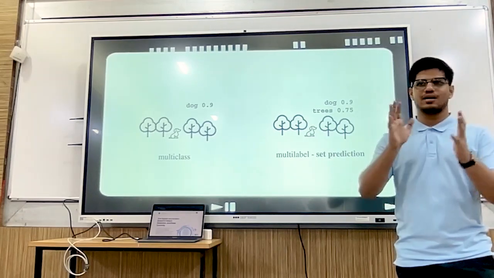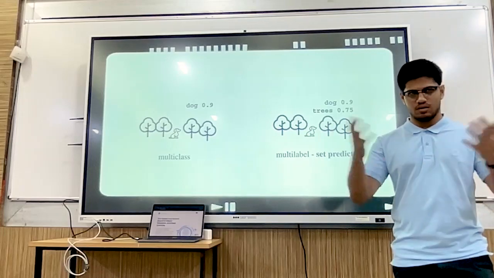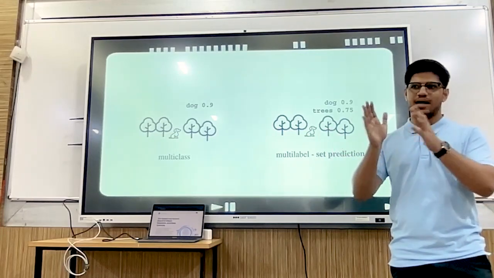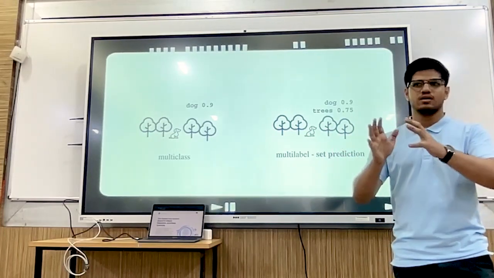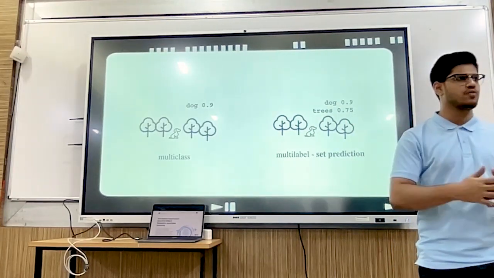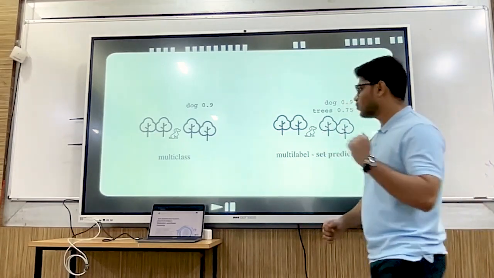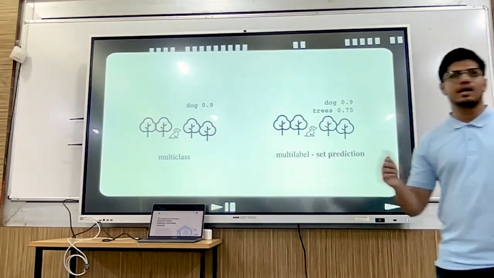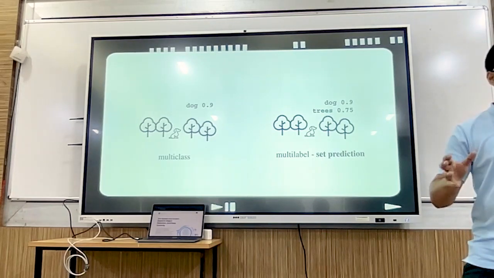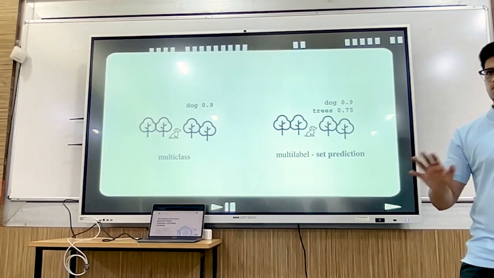The class which has the maximal probability, the object detection model or the classification model will treat that particular class as the primary class present in the image. It won't go into further details of whichever other objects are present. Cool. So we are good with that. Multi-label is a way set prediction happens in computer vision. Does that make sense to everyone?